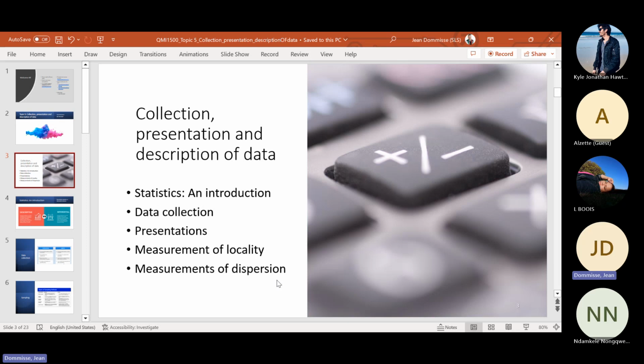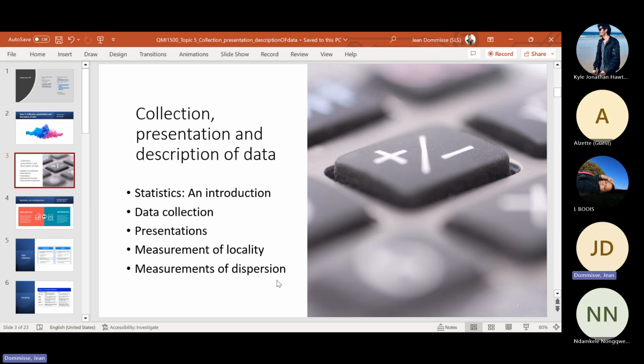So we will look at things like what is a population, what's a sample. Then we look at ways to collect data. So if we use simple sampling, randomized sampling, stratified sampling, so we'll talk a bit around that.